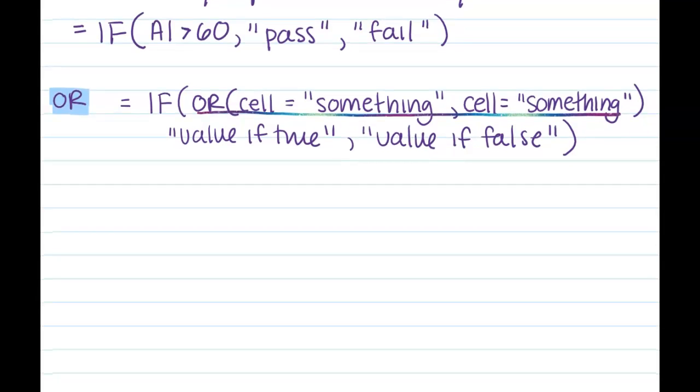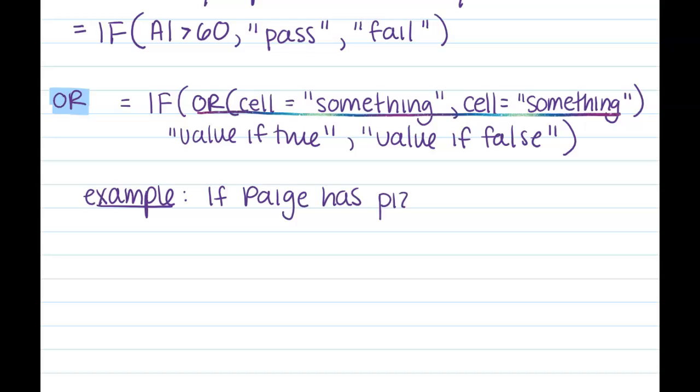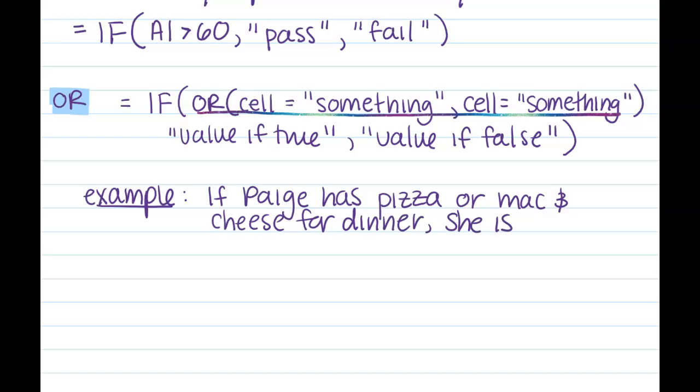And if this is like, well, this is so confusing, that's okay. It'll make more sense when you actually see it in a spreadsheet. But again, we're just starting here. So for example, if Paige, that's my 4-year-old, almost 5-year-old, has pizza or mac and cheese for dinner, she is happy.